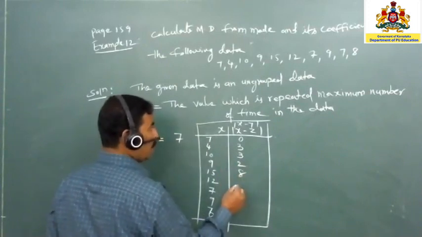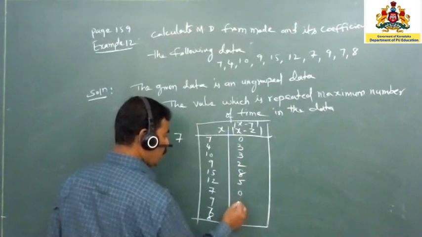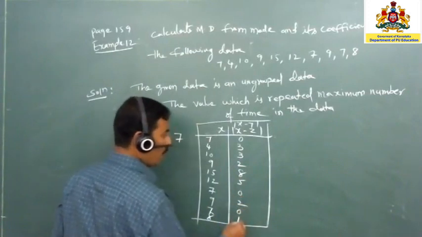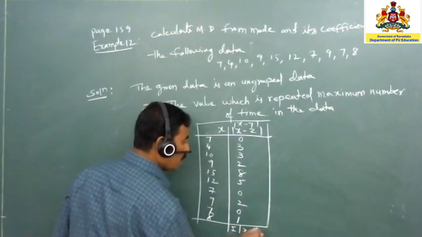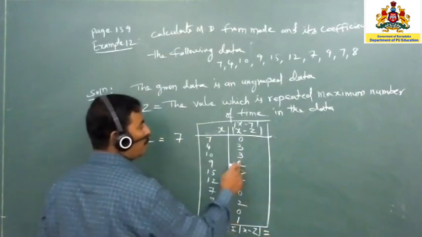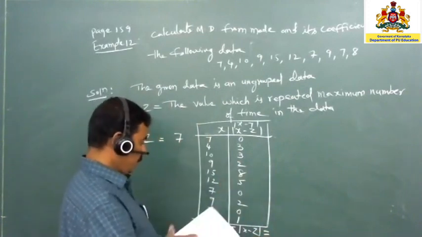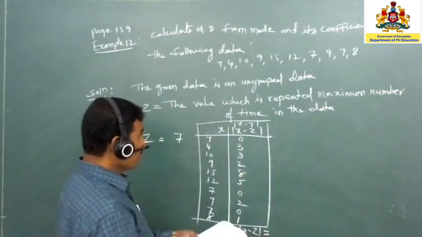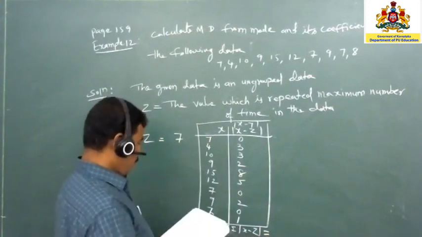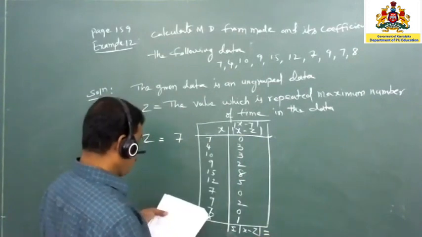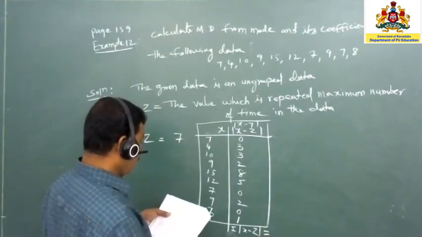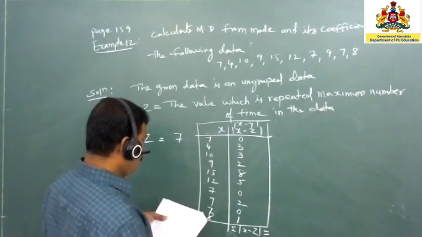8, 5, 0, 2, 0, 1. It is the summation modulus of x minus z. So values 0, 3, 3, 2, 8, 5, 0, 2, 2, 0.